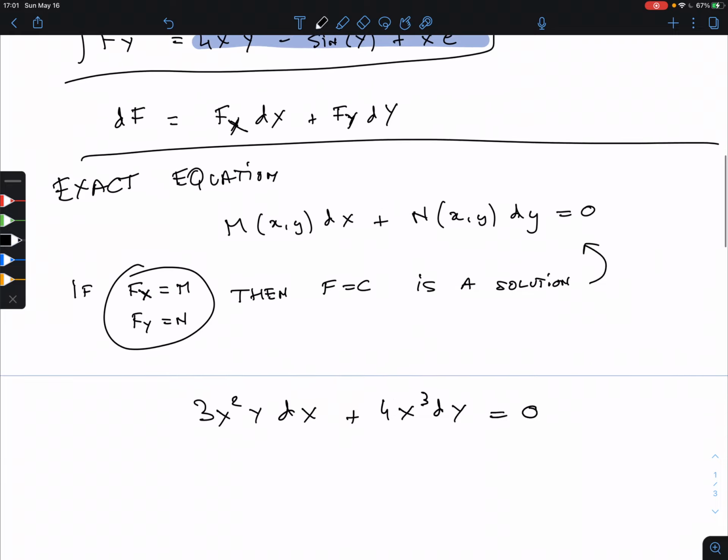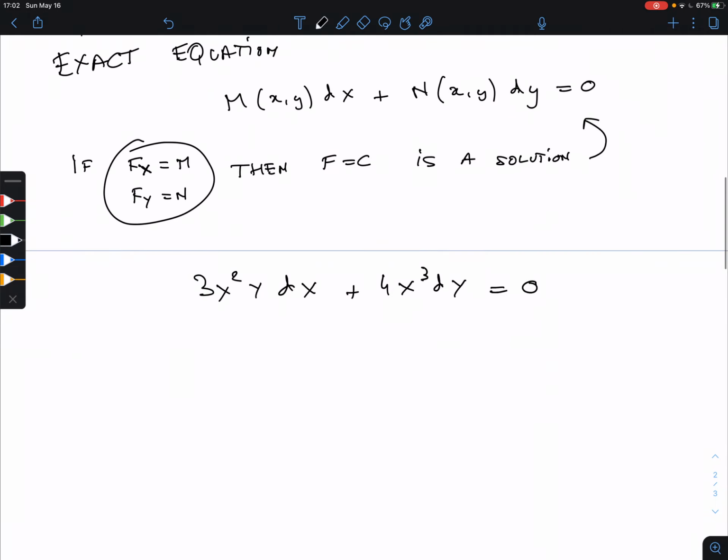That's a differential equation of this form, so this would be the M, and this would be the N. So I'm saying if I can find the function f, an expression in x and y, so that if I take the partial derivative with respect to x, I get this, and if I take the partial derivative with respect to y, I get that, I'm golden. I have a solution, namely f equals, not just f equals 0, but f equals a constant.